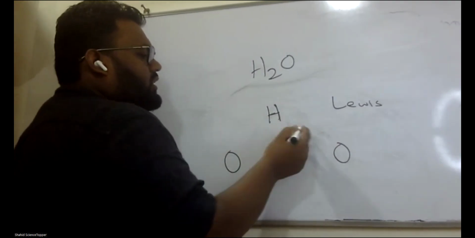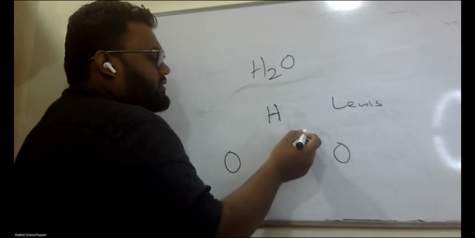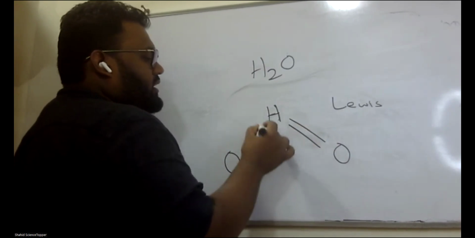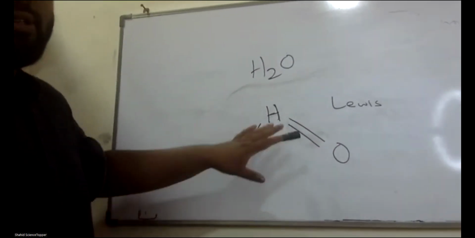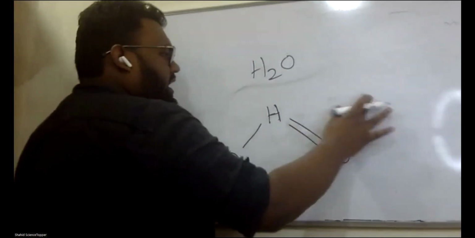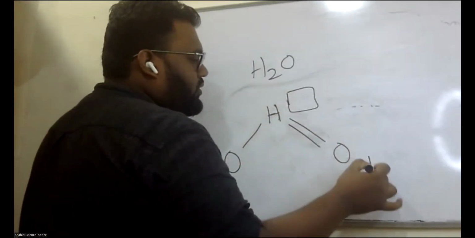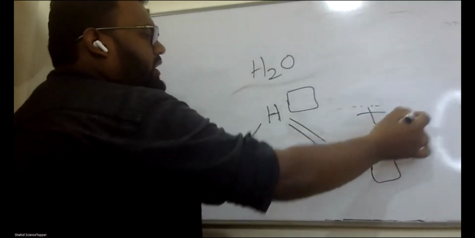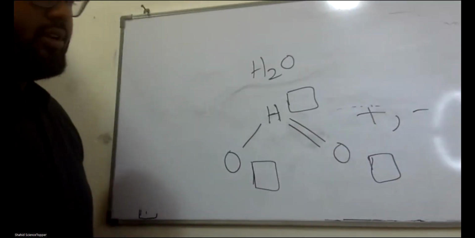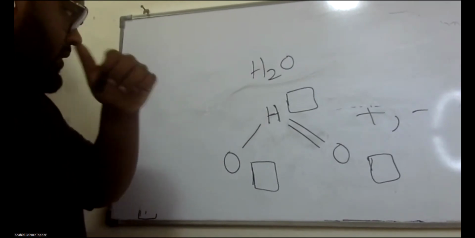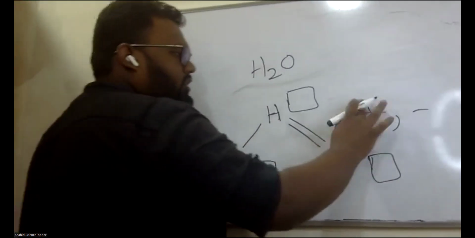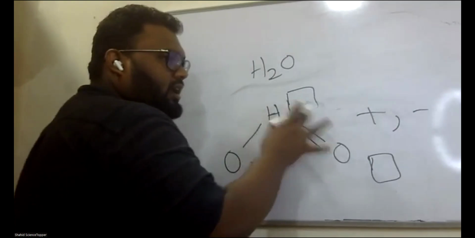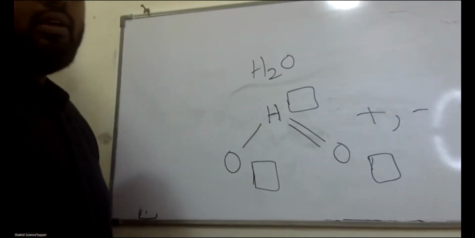So if I write like this, and if they have given you a question like this in the exam, with some brackets over here, asking you to put the positive and negative sign, how are you going to put it? For that, you need to know how they are arranged in the periodic table.